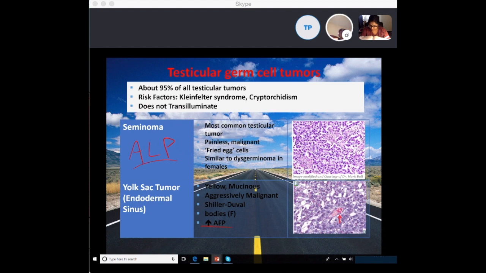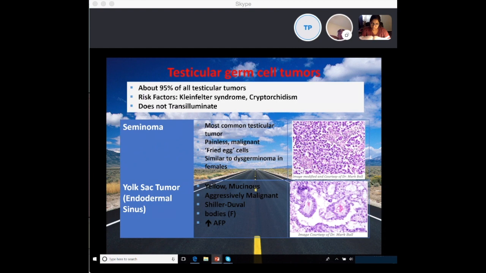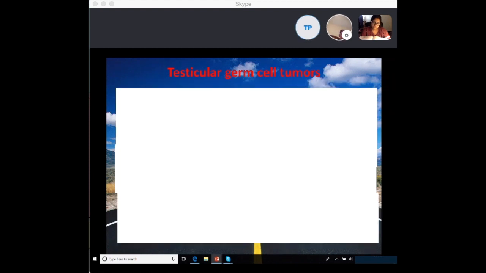On histology, they have these things called Schiller-Duval bodies. What are they supposed to resemble again? Glomerulus. Yes, glomeruli. There's a couple more glomeruli-looking things.